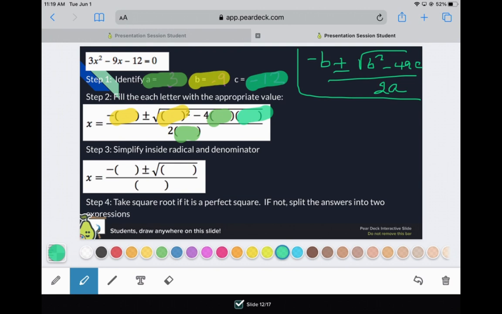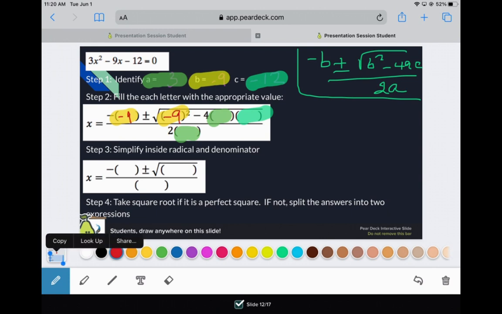The first number in the formula that I'm giving to you tells you exactly which letter. So that would be -9, -9, 4 times A, which is 3, and C is -12, and 3. So I will fill that in. So that's step 2.